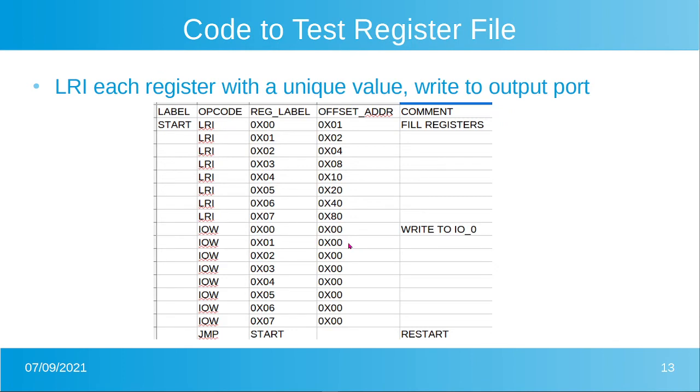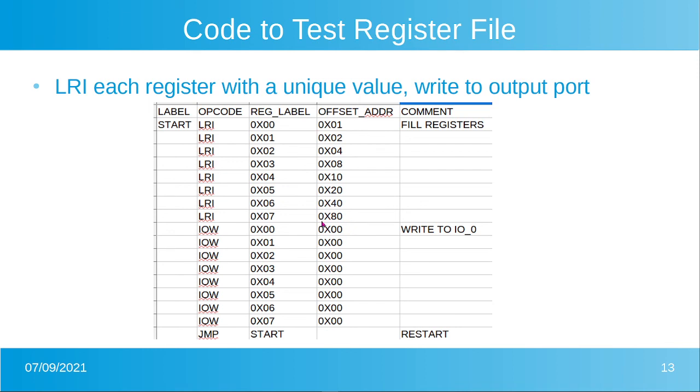Okay, let's test the larger register file we created by filling up each of the registers 1 through 8 with bouncing bits, or a bit that bounces: 1, 2, 4, 8, 10, 20, 40, 80 hex values, and just go through and do an IO write of each of those out to address 0, and then look in Signal Tap and see what it did.